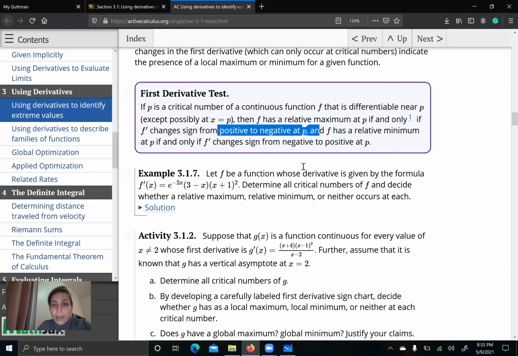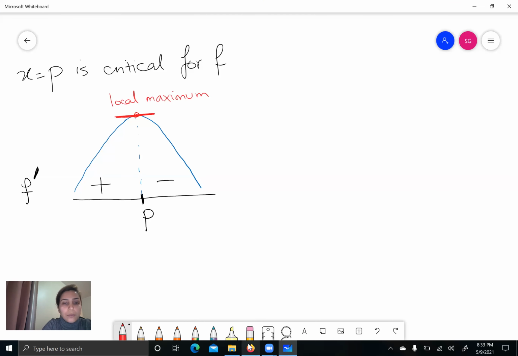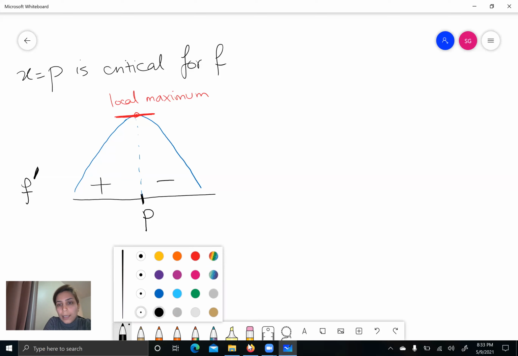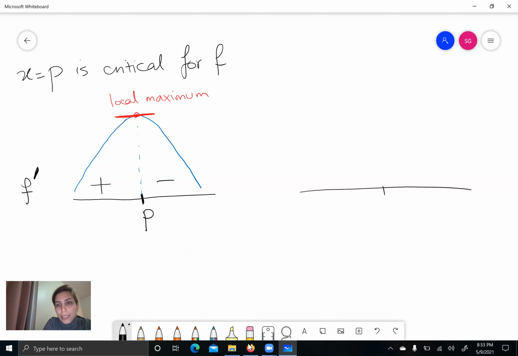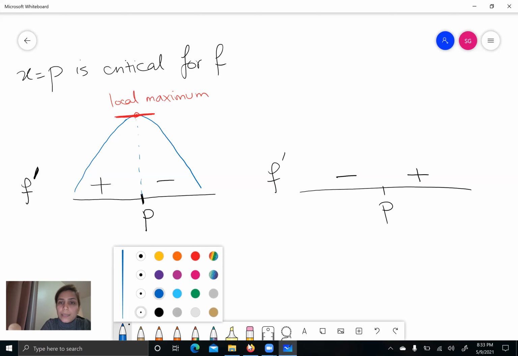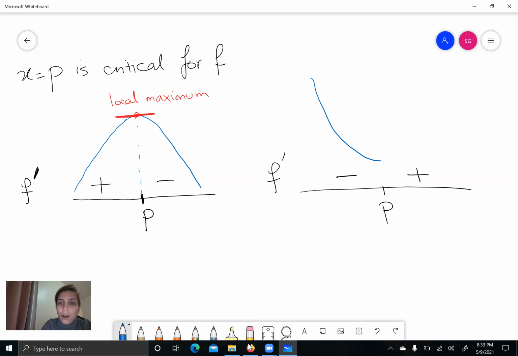And if the sign changes from negative to positive, we can derive the conclusion. If at P the sign of the first derivative changes from negative to positive, what does it mean? It means that the graph was decreasing up to P, and then changes to be increasing afterwards.